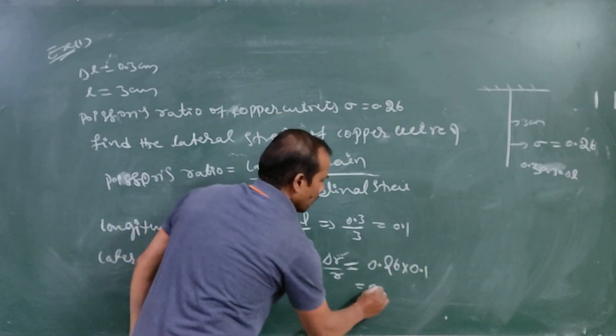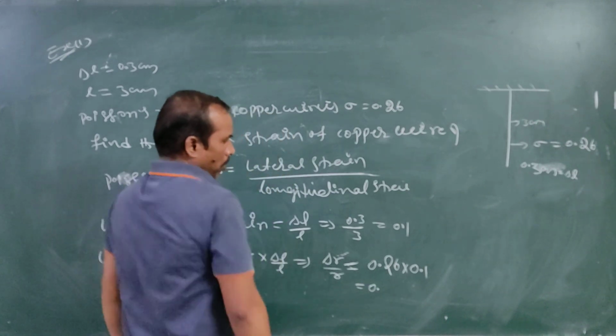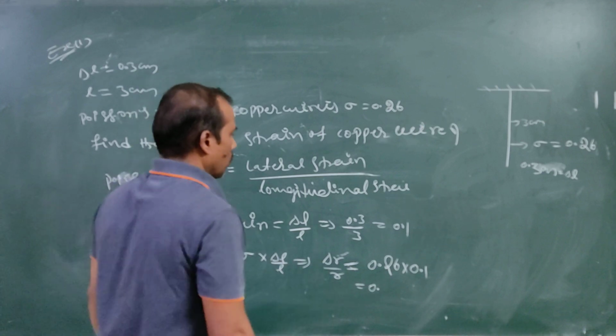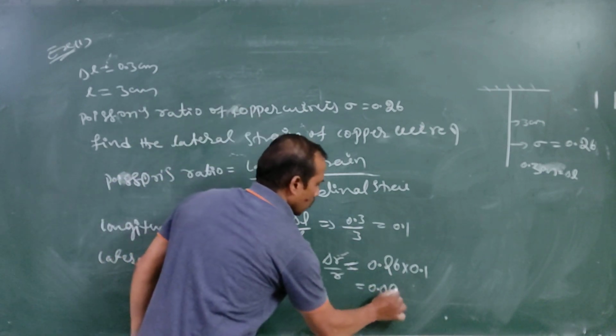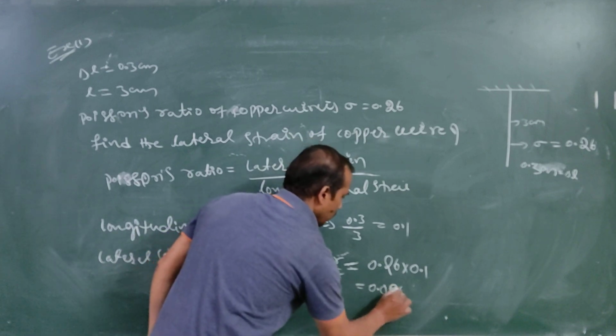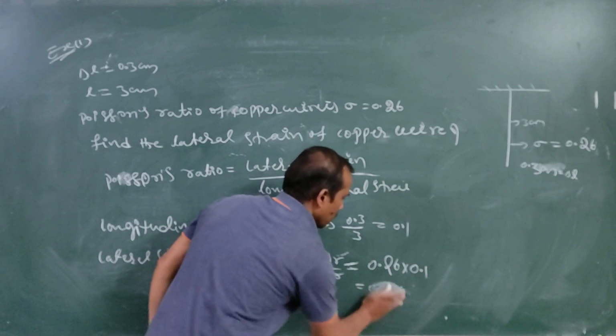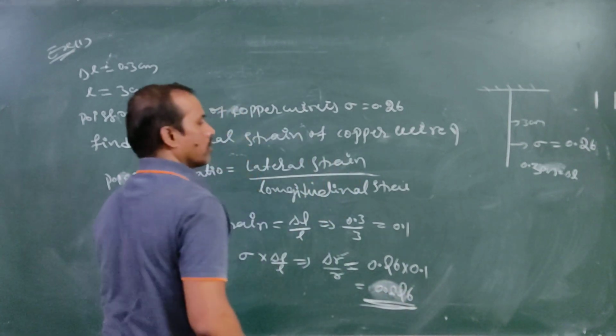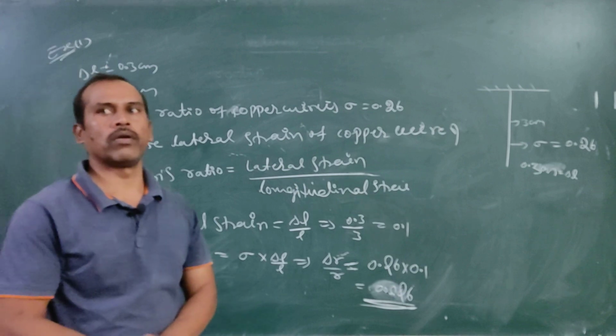That is equal to 0.026. There are no units or dimensions for the lateral strain. This is the lateral strain of the given copper wire.